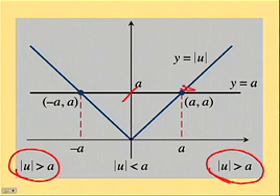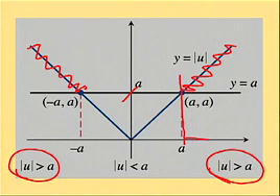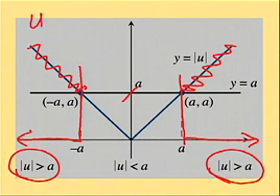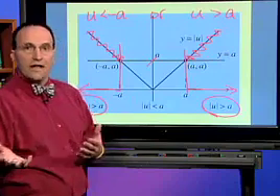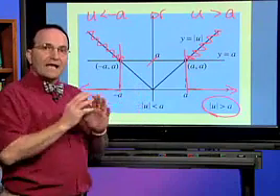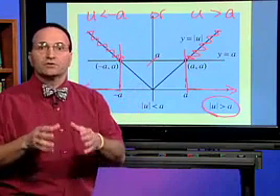Here's our A, so it's for all of these values here that the y value is greater than A, which corresponds to the x values going out this way and the x values going that way, which is why in the solution we had U is less than negative A, or U is greater than positive A. That's the graphical interpretation of that particular solution for the absolute value of U is greater than A.